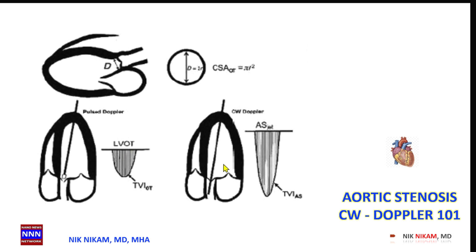Using these two formulas, and since we know the radius of the aortic root, which is half the diameter, we can calculate the cross-sectional area of the aortic root. Cross-sectional area and velocity combination should be equal to the aortic valve area plus the aortic time velocity integral. I'll show you the formula in a minute.